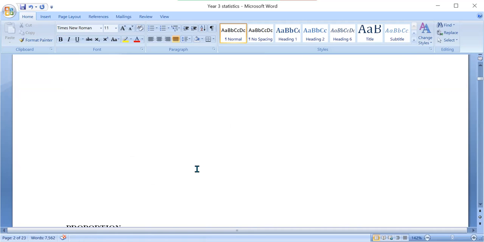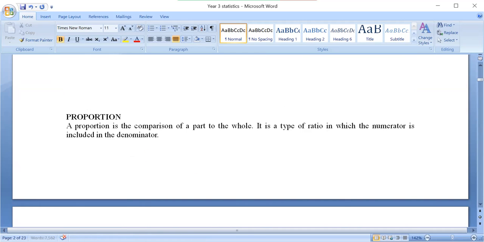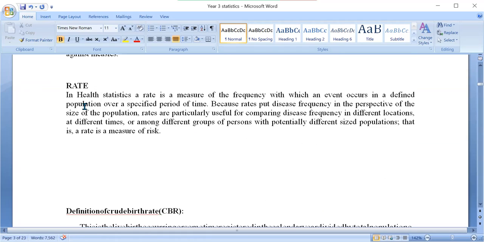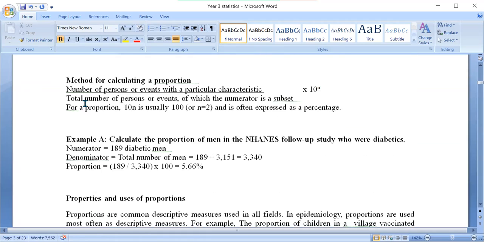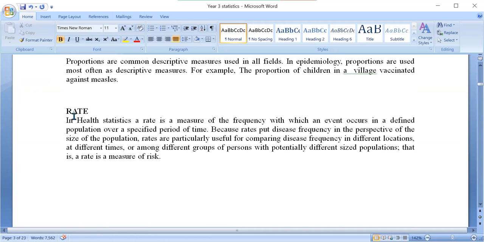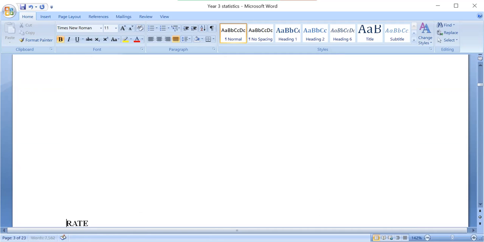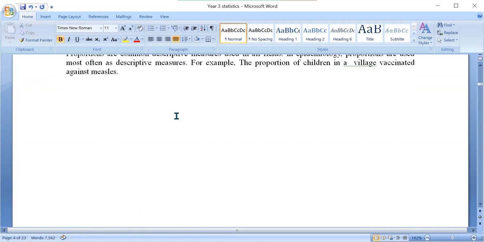We're going to be looking at proportions as well. Then we're also going to look at rate. So these are the things we'll be looking at today. Okay, so we'll begin.